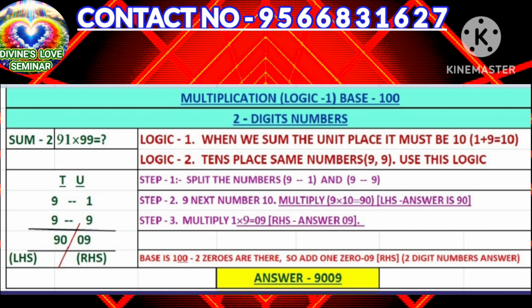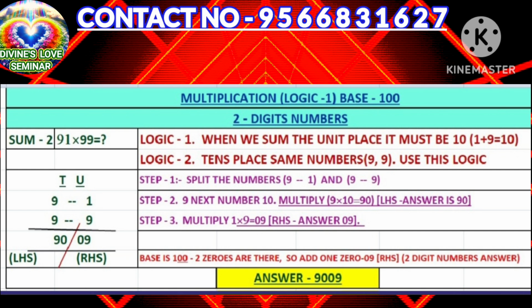Then step 3: multiply the unit place numbers. 1 nines are 9. 9 is not the answer; 09 is the right side answer, that is our RHS. Because the base is 100, with 2 zeros, 2 digits should be on the right side.